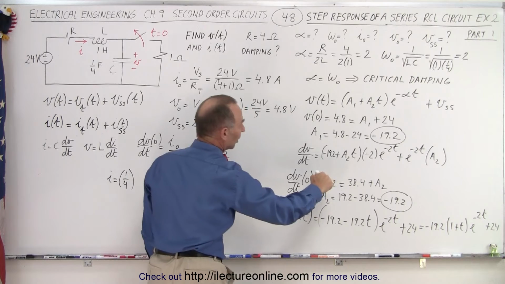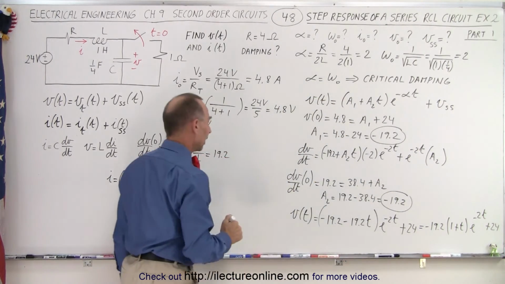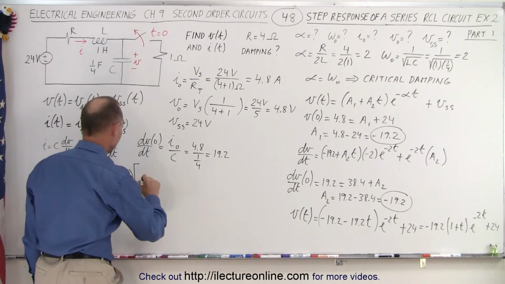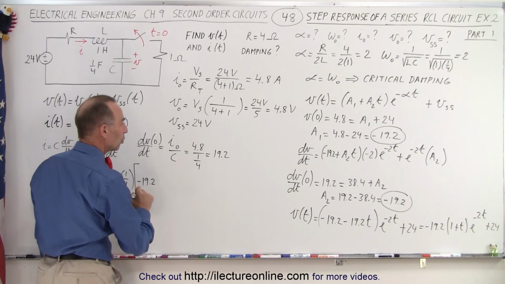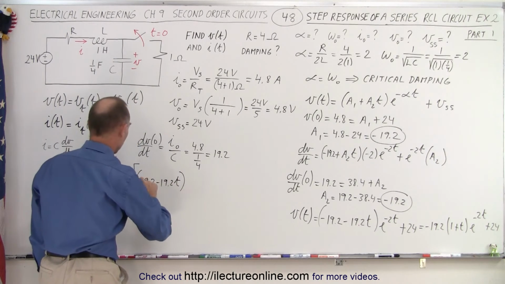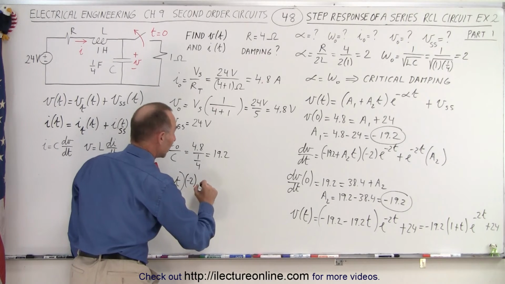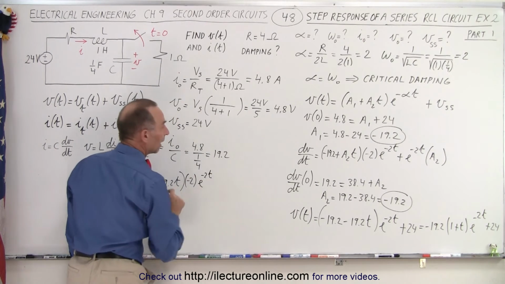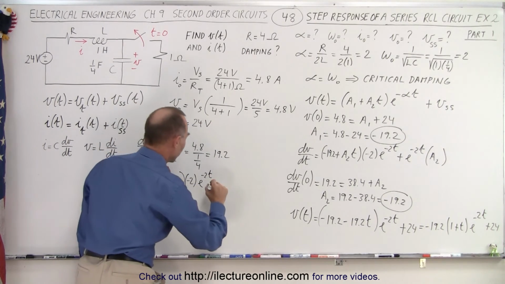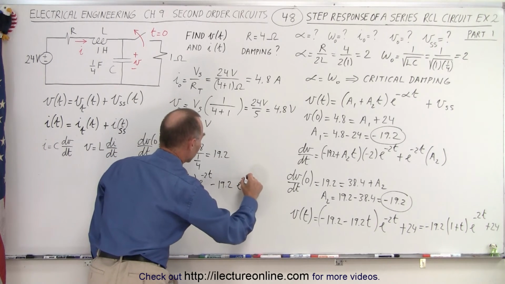Of course, we need to clean things up a little bit because we now know the value for A2. And let's see here what that looks like. So that gives us times minus 19.2 minus 19.2 t, multiplied times minus 2 times e to the minus 2t, and then we have plus A2, that becomes minus 19.2 times e to the minus 2t.